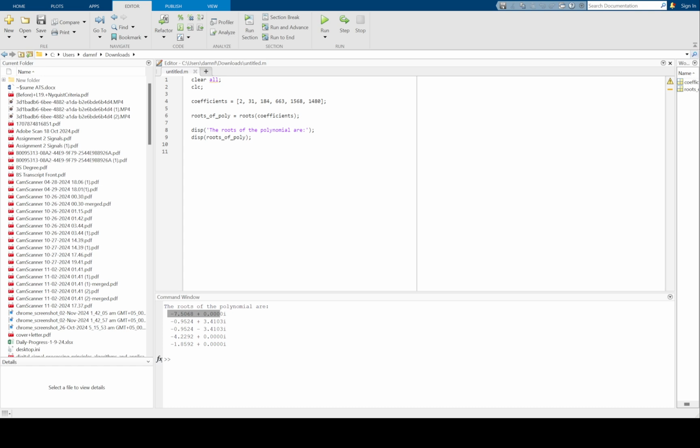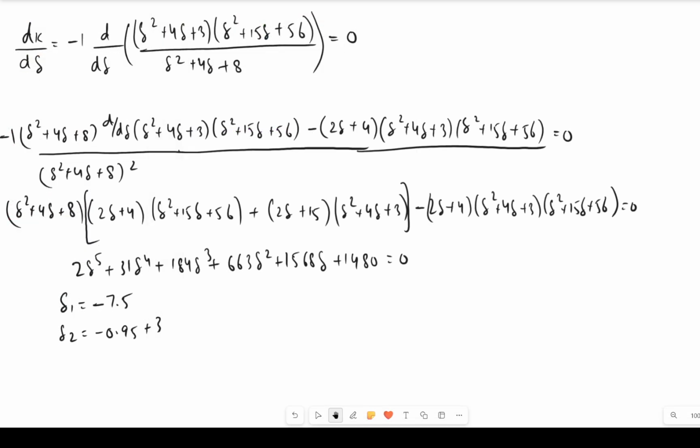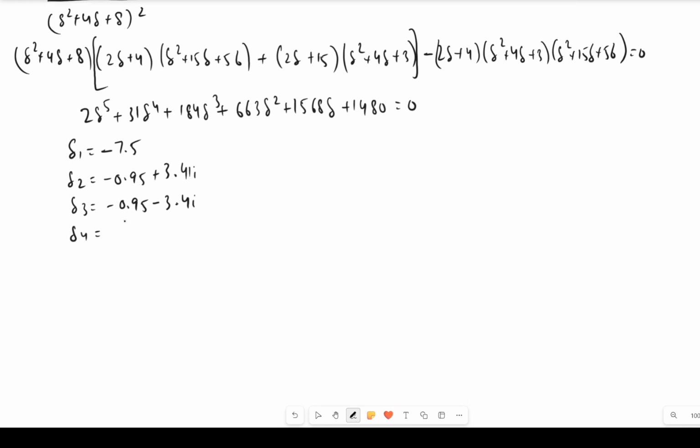Sigma 1 equals -7.5, sigma 2 equals -0.95 plus 3.41 iota, sigma 3 equals -0.95 minus 3.4 iota, sigma 4 equals -4.23, and sigma 5 equals -1.86.